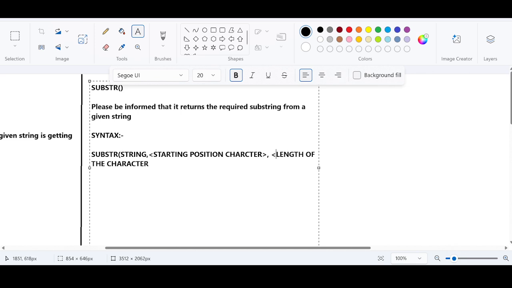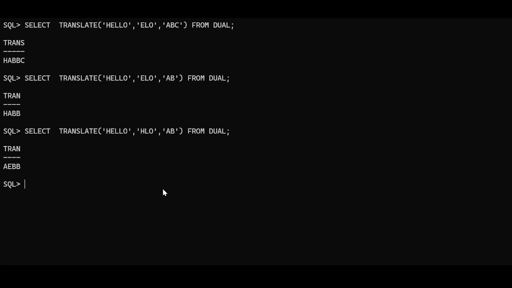It is accepting three arguments. So you have an option to pass the actual string, the starting position character that you want to work on, and you are also passing the length of the character.